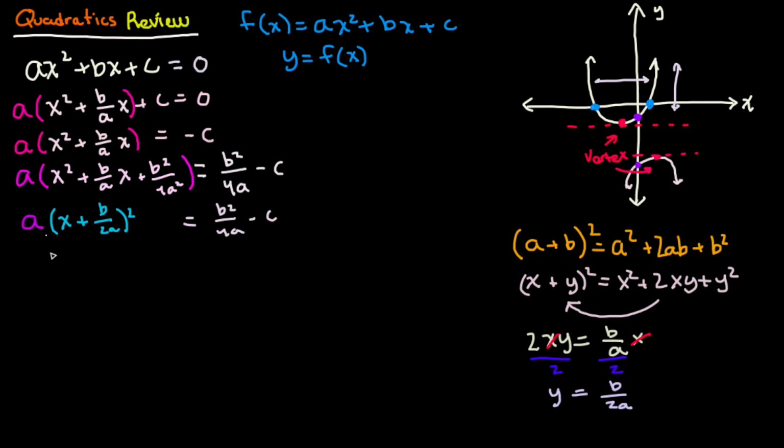The next best step seems just to divide a on both sides. So let's do that by dividing by a. And what will we be left with?